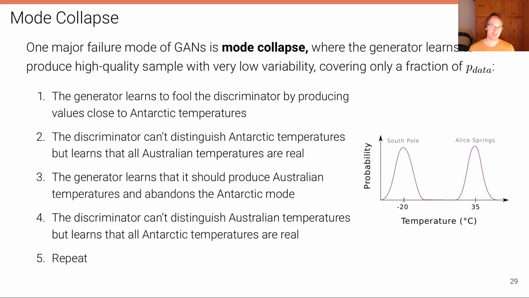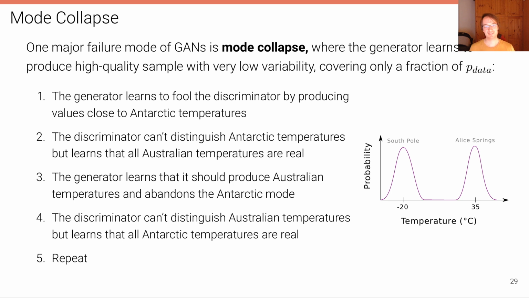In mode collapse, the generator learns to produce high quality samples with very low variability, covering only a fraction of the data distribution. In other words, the samples produced by the generator look very real, but the variability that is in the data distribution is not part of the model. The model produces very similar samples for different locations in the latent space.